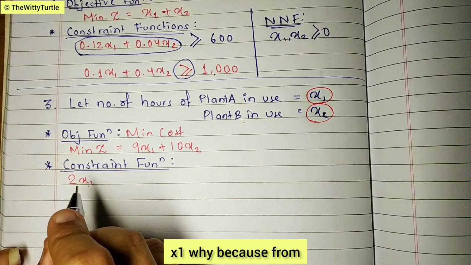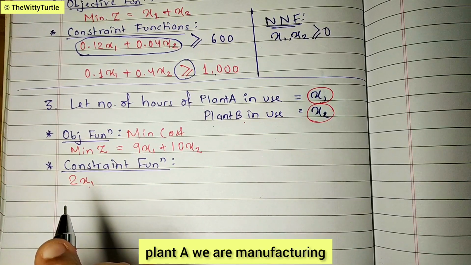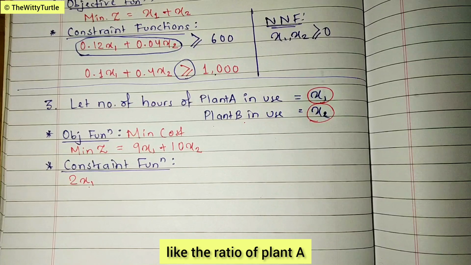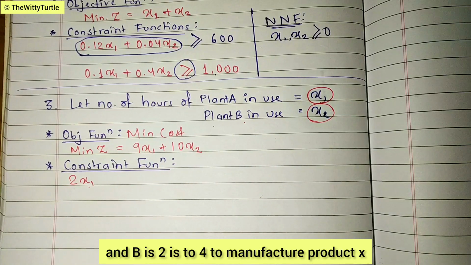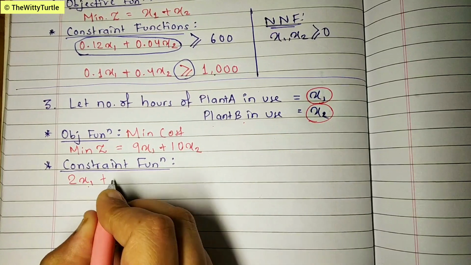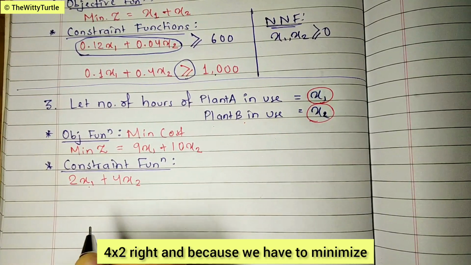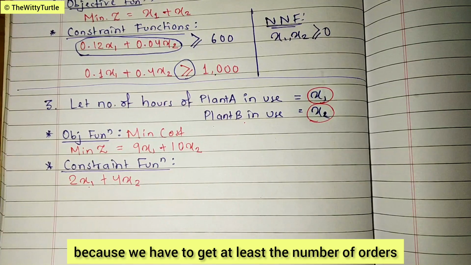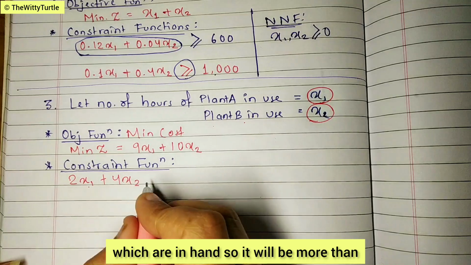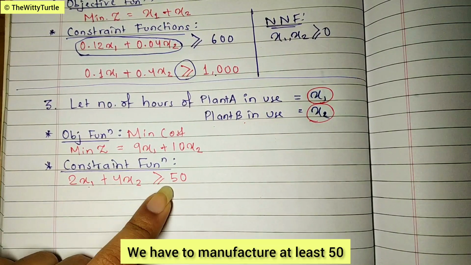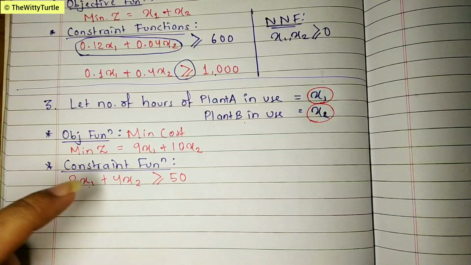Why? Because the ratio of plant A and B is 2:4 to manufacture product X. So it will be 2x1 + 4x2, right? And because we have to get at least the number of orders which are in hand, it will be more than or equal to 50. We have to manufacture at least 50, right?